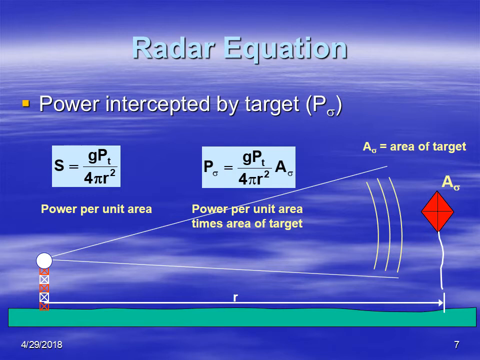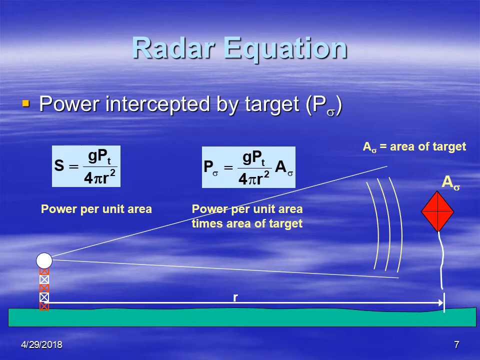As the radar beam travels out through the atmosphere, there are targets out there, things that will reflect the radar energy. Let's say that there's a kite way out in the distance. The amount of power that is going to be intercepted by that kite in the radar beam depends upon the surface area of that kite.